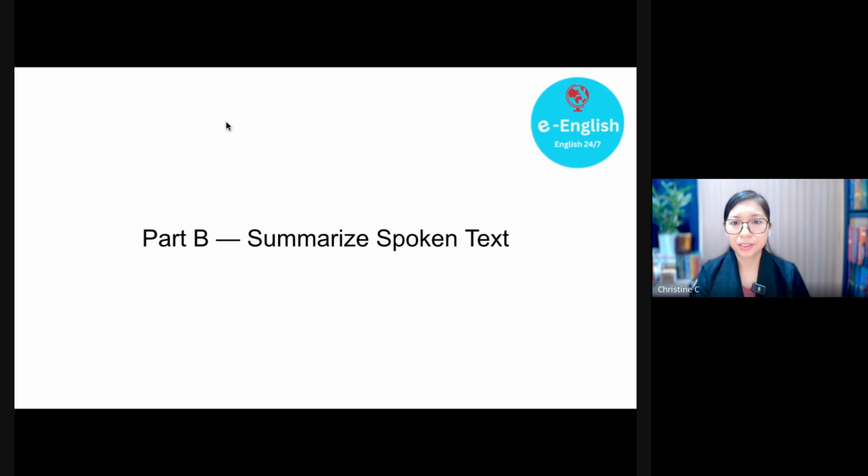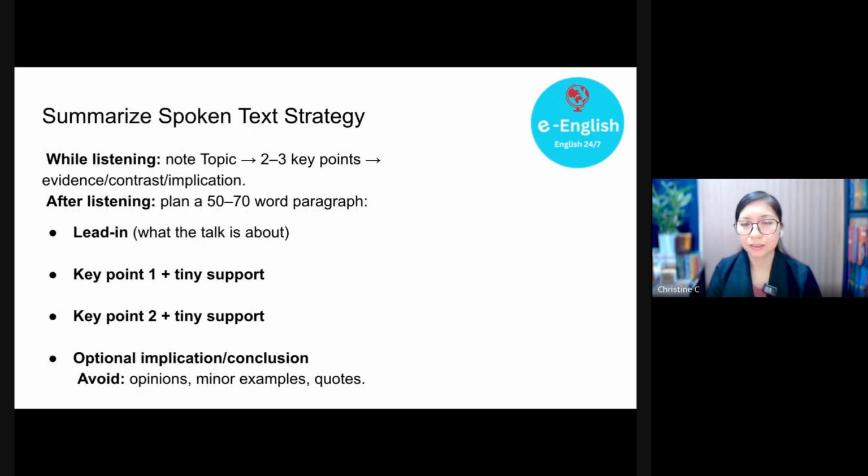What does the strategy look like here? While listening, try to note down what's the topic, add 2 to 3 key points, add evidence or contrast or implication, and then plan a 50 to 70 word paragraph following this structure. Lead in what the talk is about, key point 1 and a tiny support, key point 2 and a tiny support.